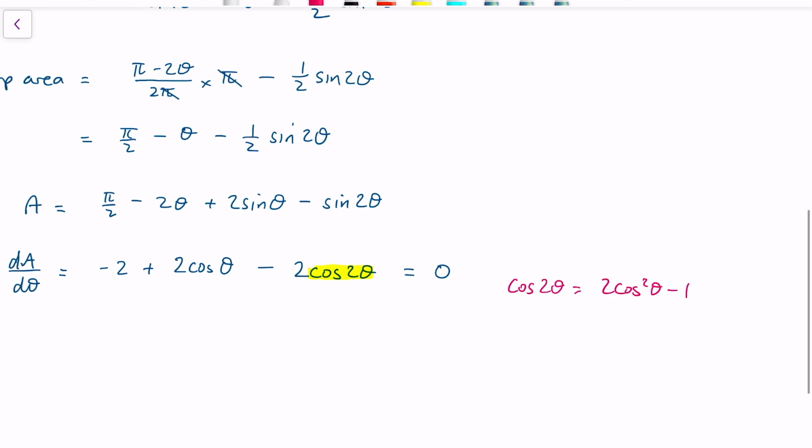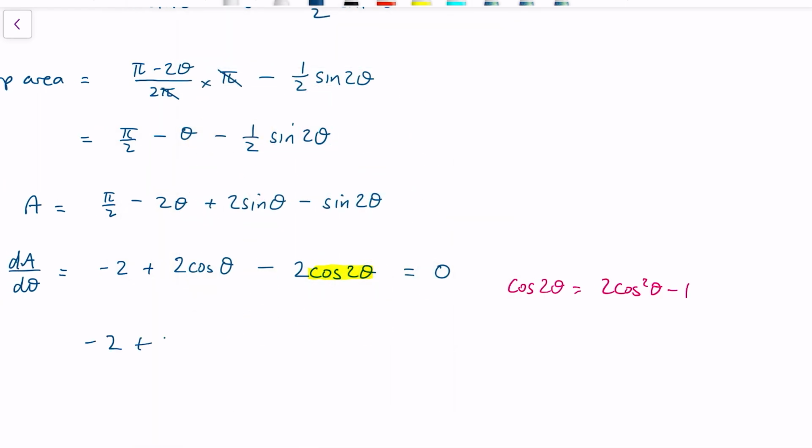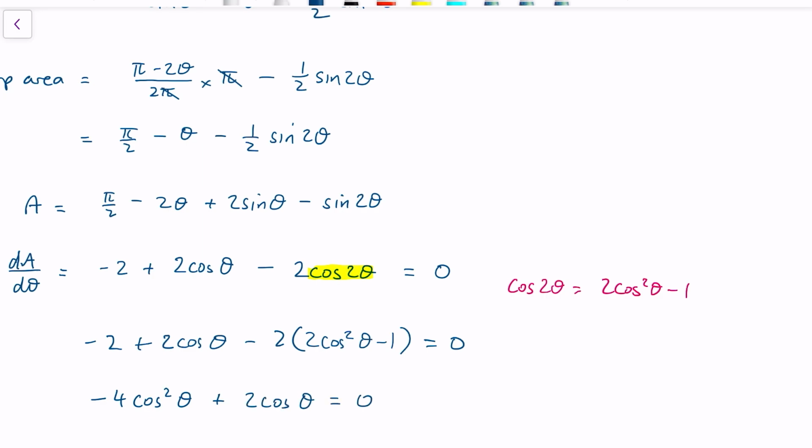So if I replace that part of the expression, now we can see there's a quadratic equation in cosine. Minus 4 cos squared theta plus 2 minus 2 cancels, brilliant, plus 2 cos theta equals 0.